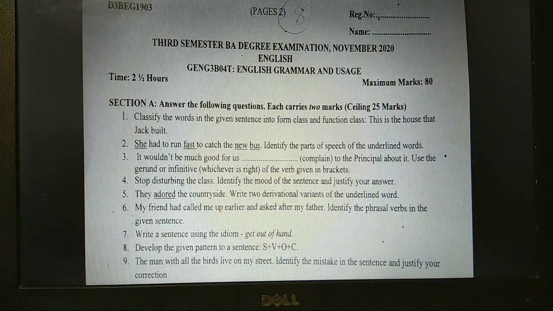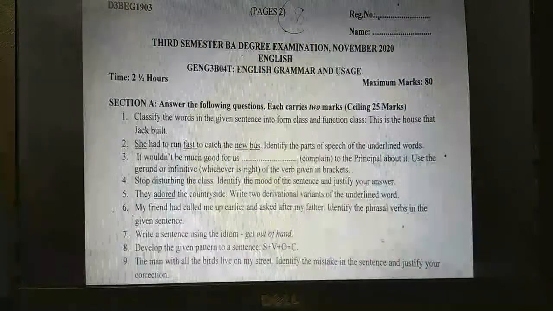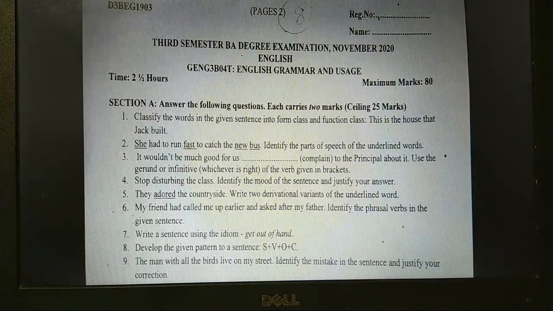Use the gerund or infinitive, whichever is right, of the verb given in brackets. We know the gerund is the ing form of the verb, and infinitive is to infinitive. So here, what shall we use? The appropriate form.